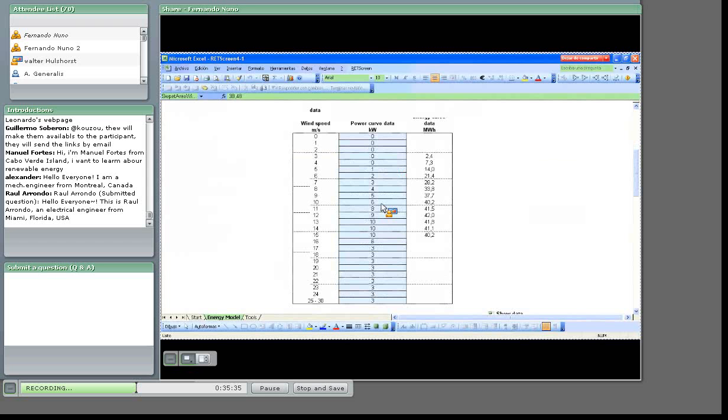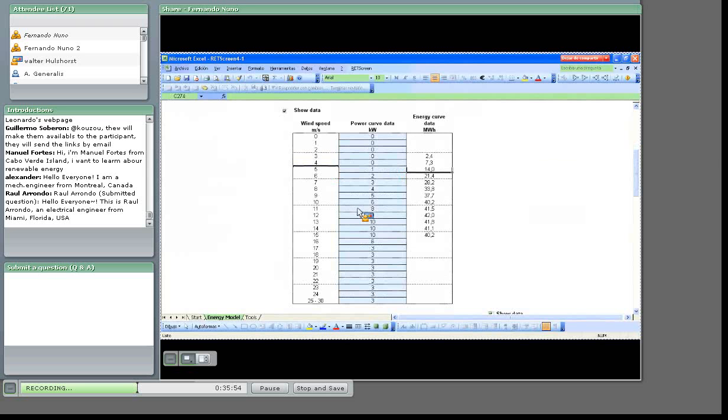Then RETScreen software provides the expected generation for each wind speed. So these wind speeds come from the database for this particular location.